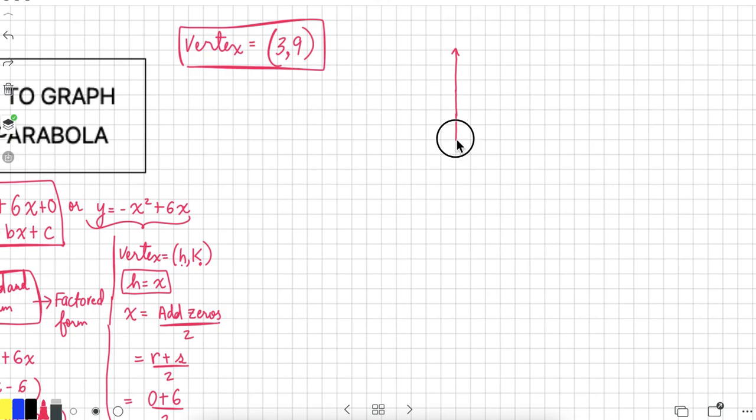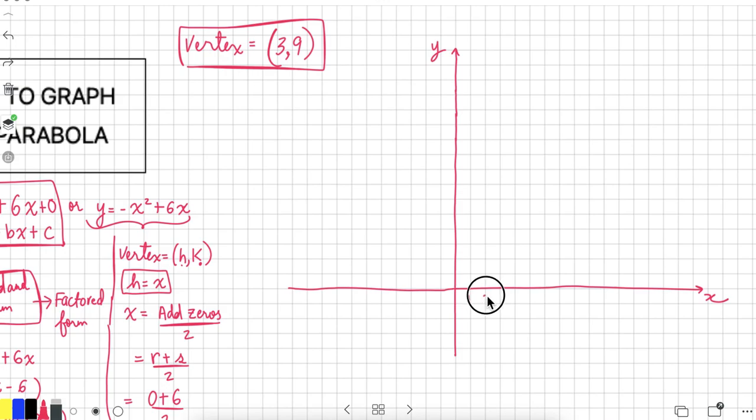Okay, I'm just going to draw my y-axis and the x-axis. So this is the x-axis, that's the y-axis. So x is 3 here, so 1, 2, 3. And at the vertex here, what is the y value? That is the 9 here.